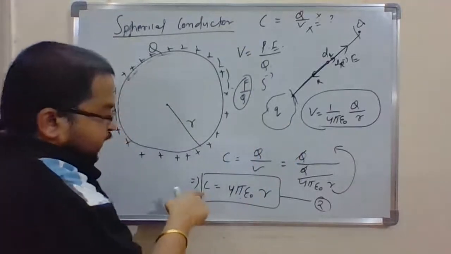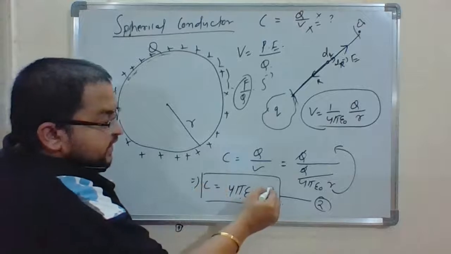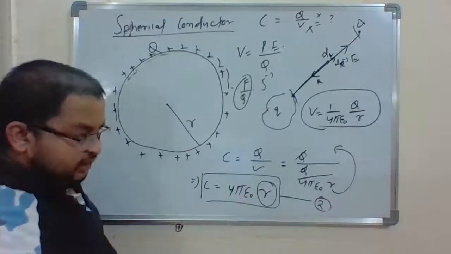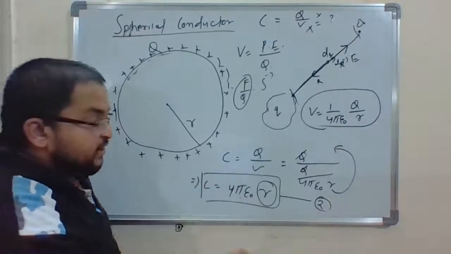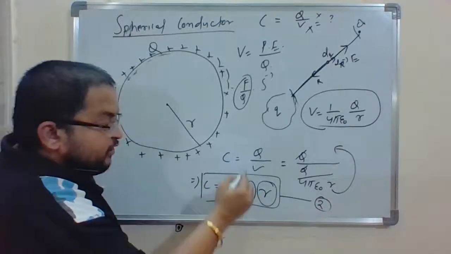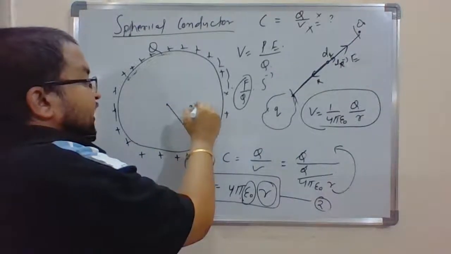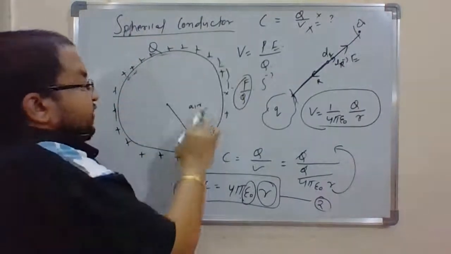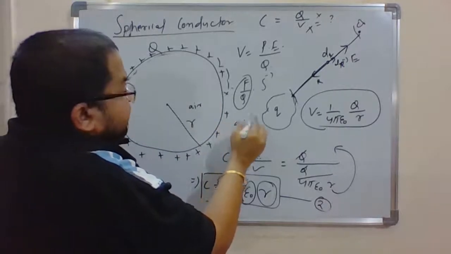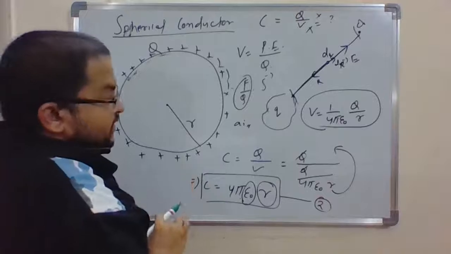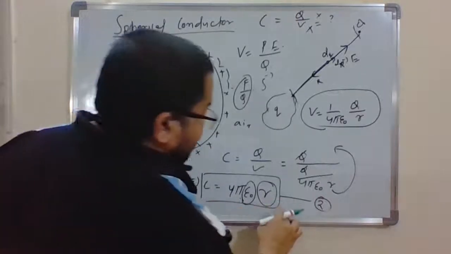Remember, that's why capacitance C depends on just two things: a, the dimension of the capacitor, so radius r is important here, and b, the medium, epsilon naught. Here we have assumed that outside this conductor we have only air, so in air medium, C was 4 pi epsilon naught r.